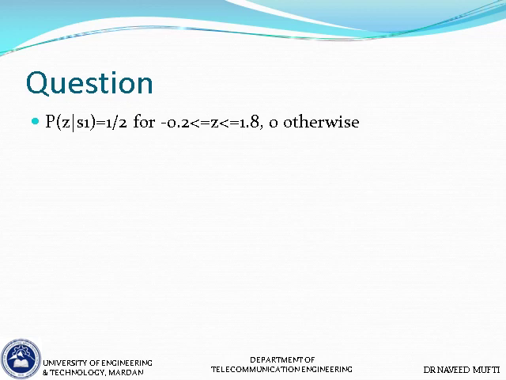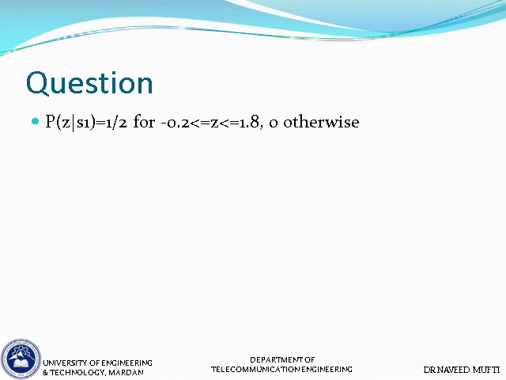So it's a good idea to plot it to see it graphically. If you have z on the x-axis and probability on the y-axis, try to plot this conditional PDF and see what it looks like. You should have a curve based on this equation.